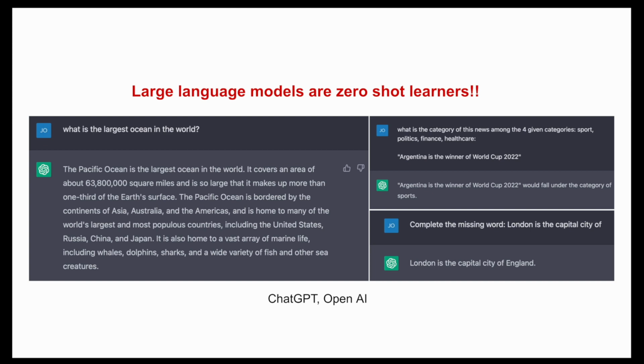It can recognize that London is the capital of England. This is a trivial thing for large language models, but again, that shows the zero-shot learning ability of today's large language models.